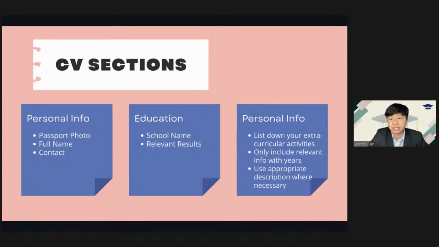It's self-explanatory. But let's say you happen to have activities which are quite vague as the title of that particular activity that you're listing down. You would want to explain a little bit. That would really help. But use it sparingly. Don't explain every single thing that you have on your CV.